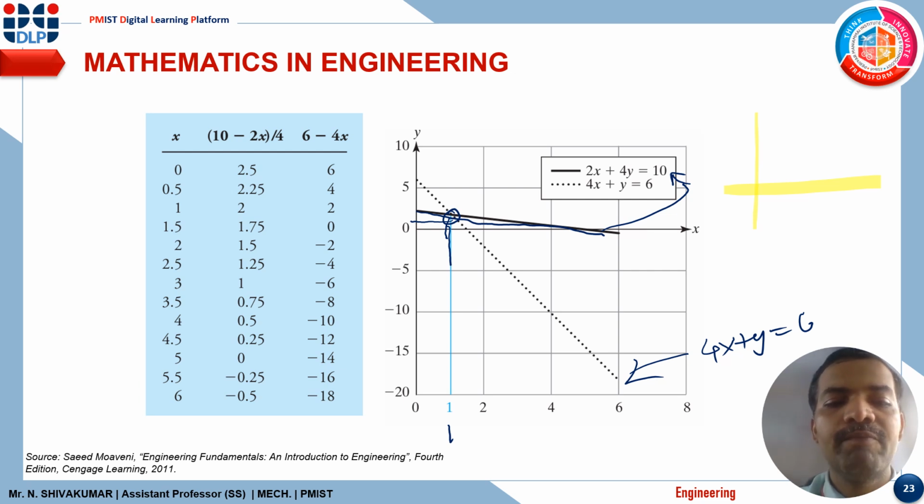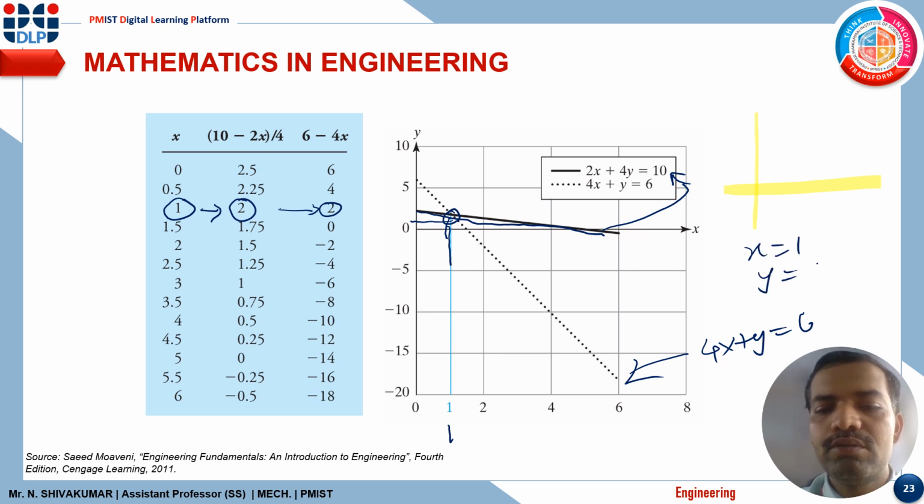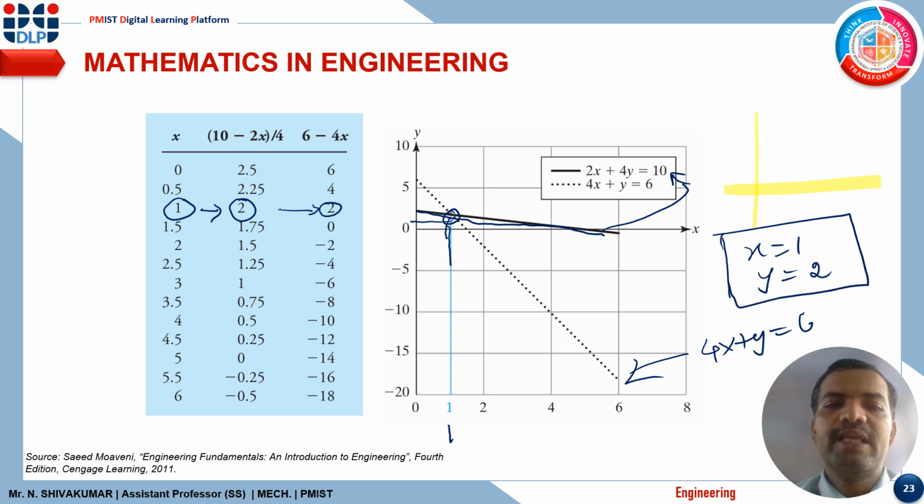When you go analytical, for x equal to 1, y is 2 in both cases. So x equal to 1, y equal to 2 is the solution for this system of linear equations. All of you understand? We'll go next.